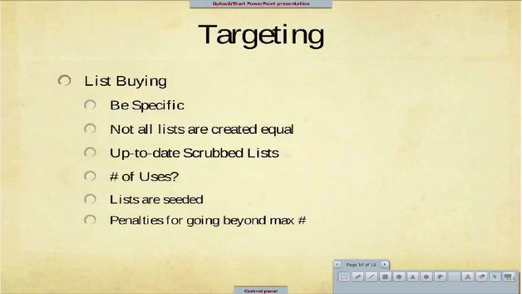The more general the criteria, the cheaper it is to buy the list. The more specific the criteria, obviously, the more expensive the list can become. And I mean, you can get very specific when targeting and buying a list.